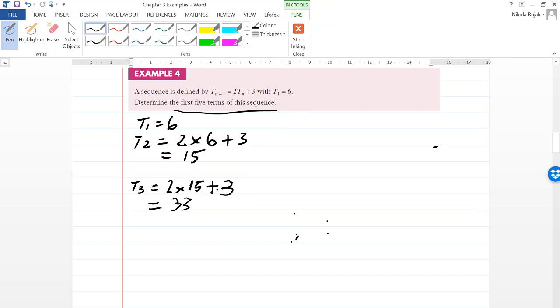Okay, so term 4. Term 4 is equal to 2 times 33 plus 3. Okay, so if we do that, 2 times 33 plus 3, we get 69.